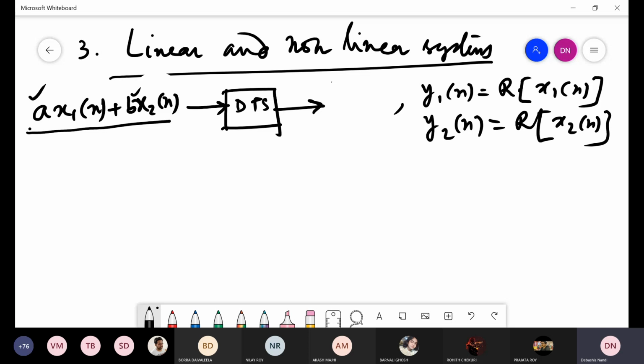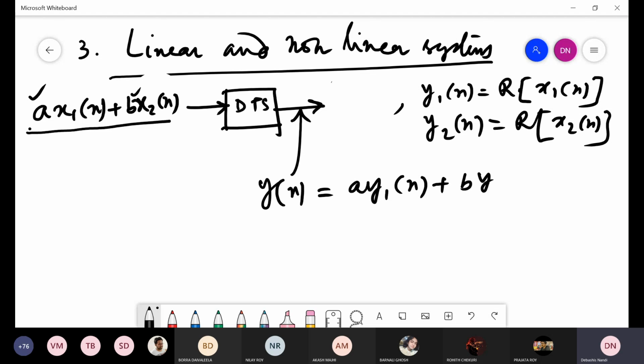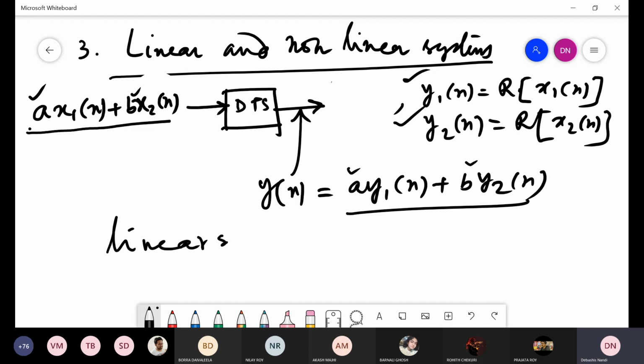If at the output you get y[n] = a y1[n] + b y2[n], that is, a linear combination of the previous outputs with the same constants a and b, then the system follows the linearity and superposition principle, and you say that the system is a linear system.